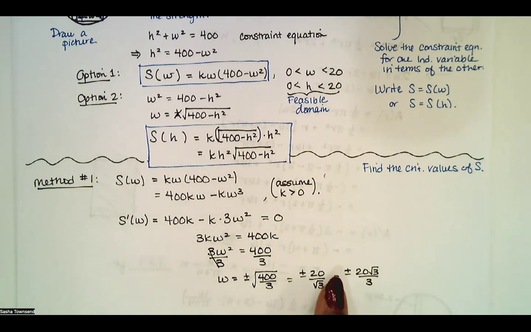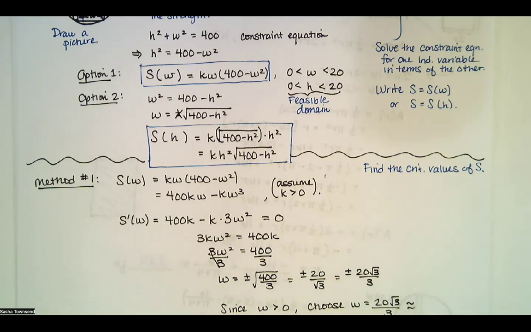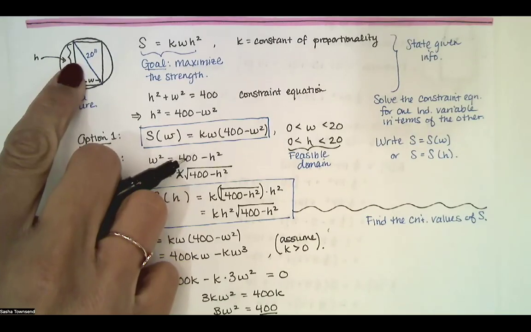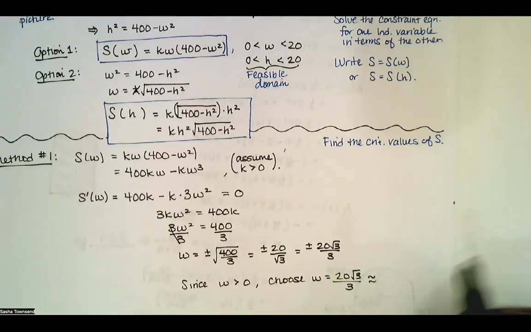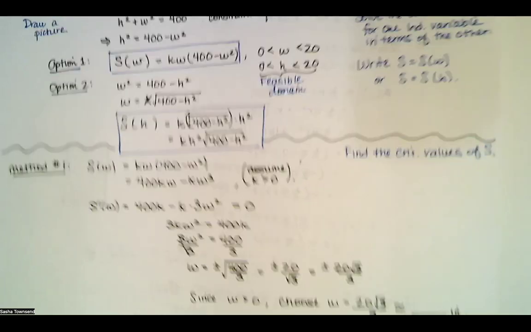Now, only one of those is feasible. Since W has to be greater than 0, choose W equals 20 square roots of 3 divided by 3, whatever that is. And that's some number of inches, right? Because this beam is 20 inches in diameter. I'll use a calculator to approximate that in a minute.